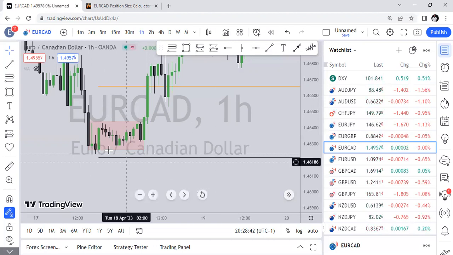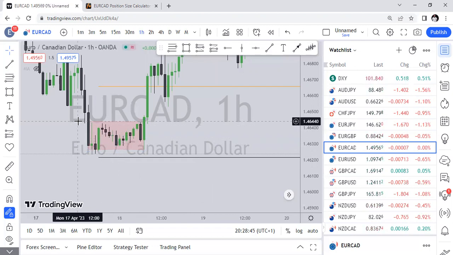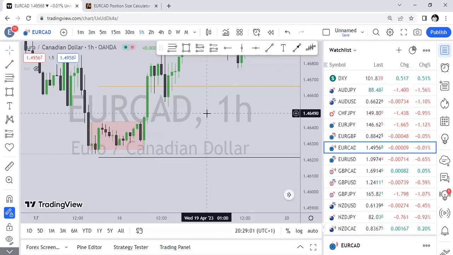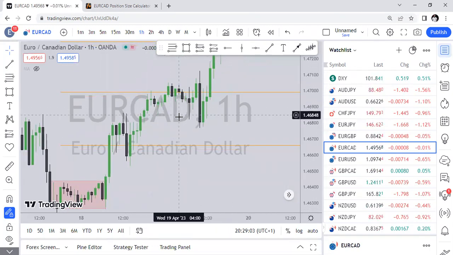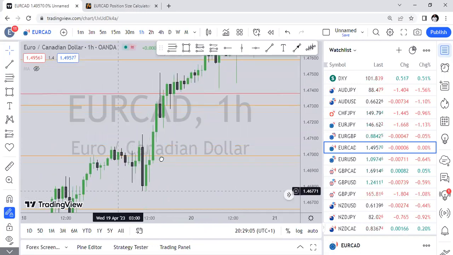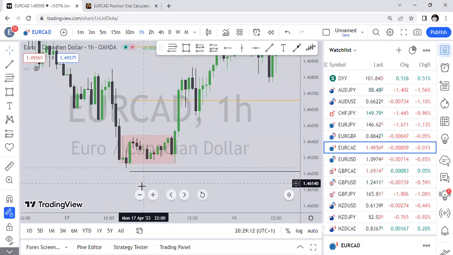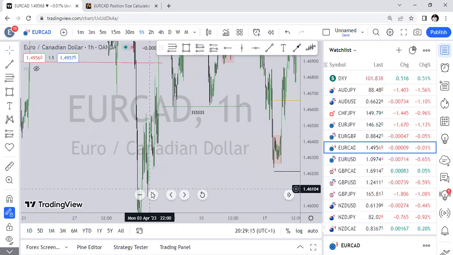So when the market is indecisive, not really making any move, and then you see an engulfing candle appear, you just know that the market is pointing to that direction, that is where price is most likely to go.